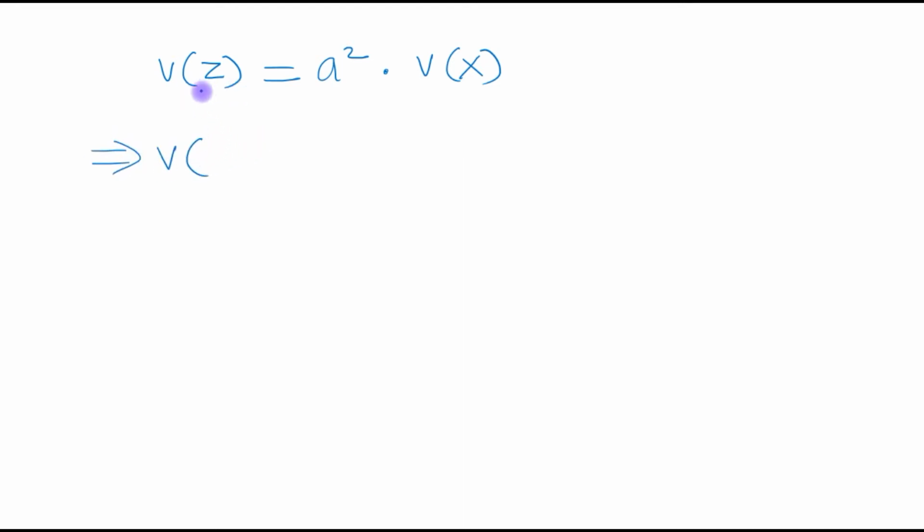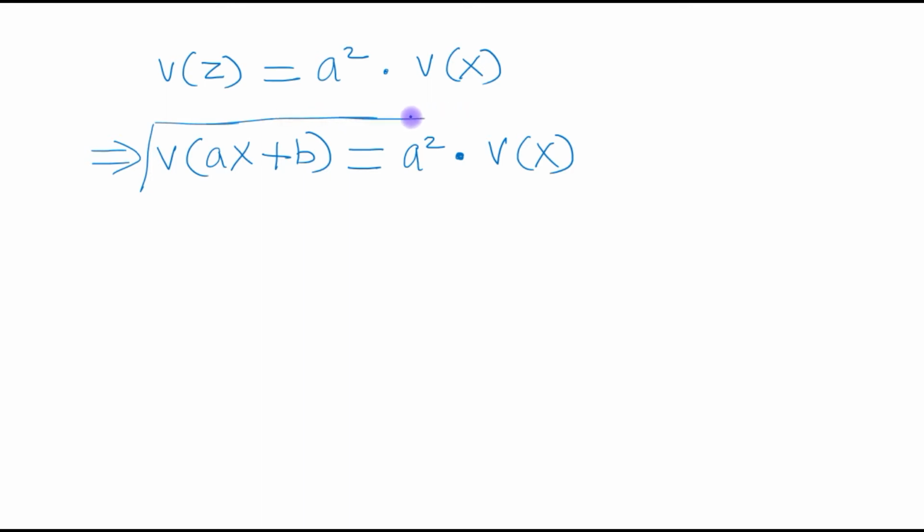Now we will replace z by ax plus b, which is a square times variance of x.